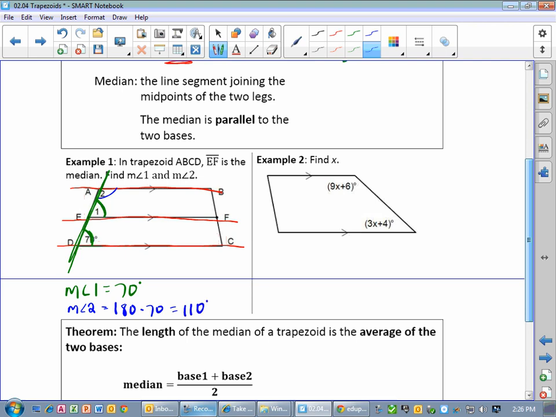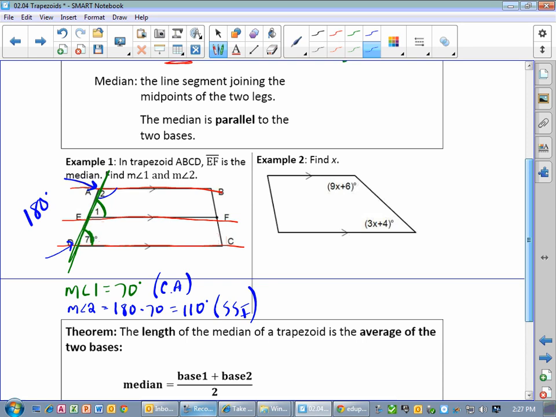So angle 1 is corresponding angles, CA, and angle 2 are same side interior angles. And that's very common in one of these problems. If you're given a trapezoid with a median drawn, you know immediately that the base angle is the same as this angle formed by the median, and it's supplementary to this top angle.